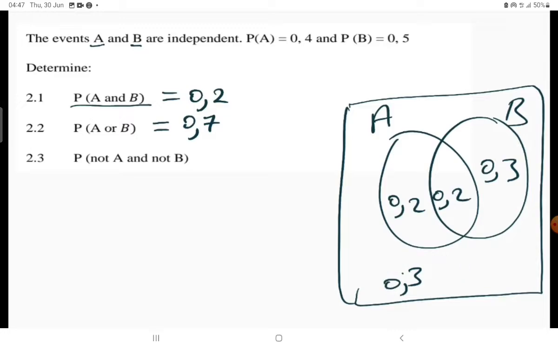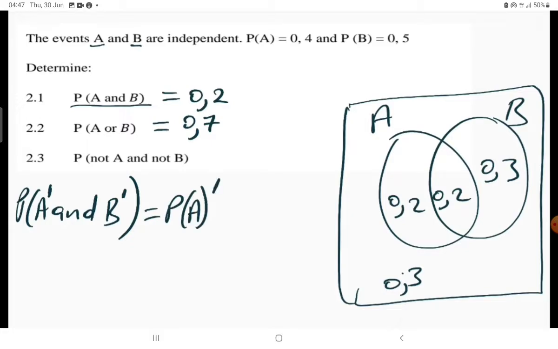Probability of not A and probability of not B, so it's the probability of not A times the probability of not B. So we have probability of A complement and probability of B complement.